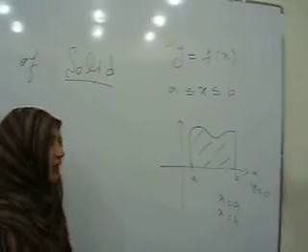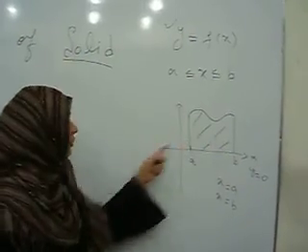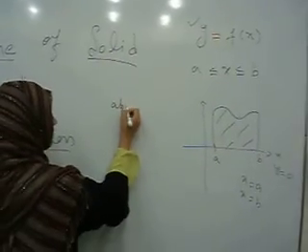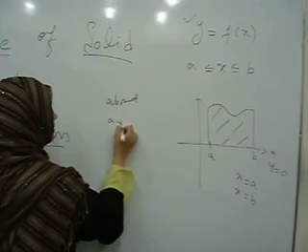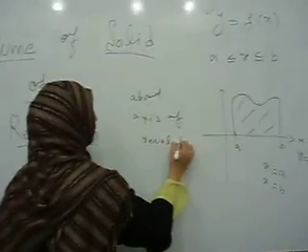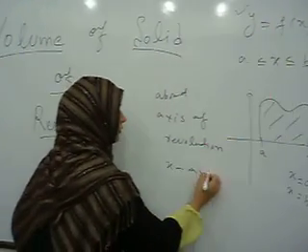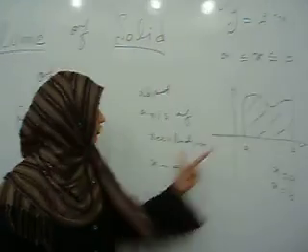What I do is this: I need a solid of revolution which is obtained by revolving this bounded region about an axis. Currently I just revolve this particular bounded region about the x-axis.